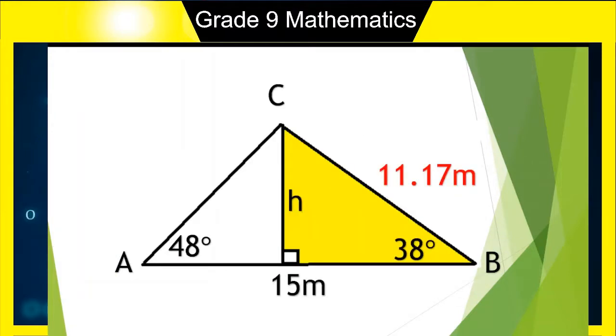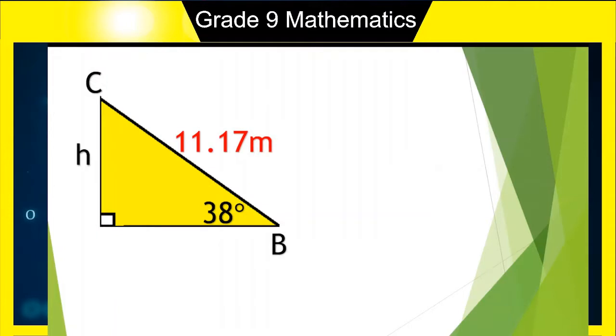Now, as we can see, we're not yet done because we need to solve for the height of the flag pole. If you observe, there is a right triangle here, wherein we can use trigonometric ratios.